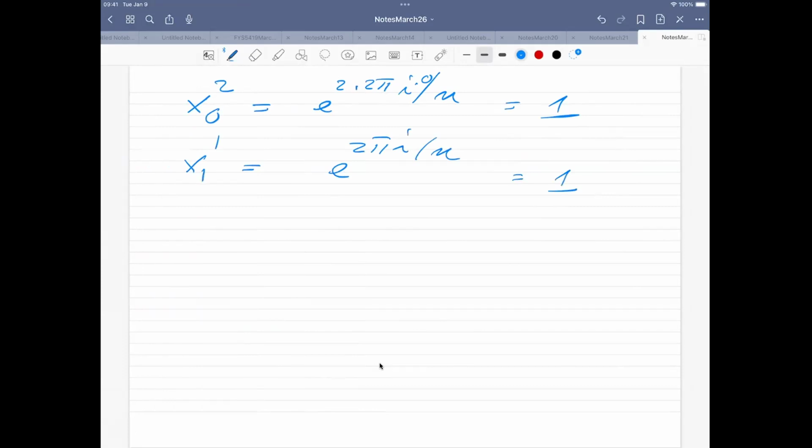No, sorry, that is actually not equal to 1. That is equal to my definition of omega. And then I have my x1 squared. So this is going to be e to the 2 pi multiplied with 2i divided by n. And this is going to be omega squared.